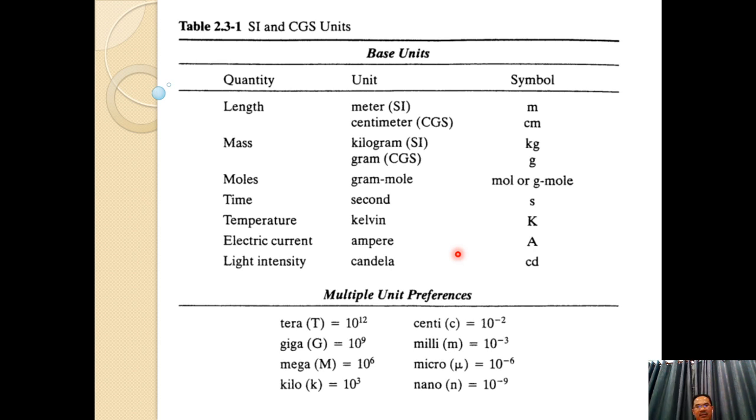Light intensity is candela, cd. Also important to know are the multiple unit prefixes, like tera, giga, mega, kilo, centi, milli, micro, nano. I think you know already. It's basic for engineering mathematics and engineering physics.